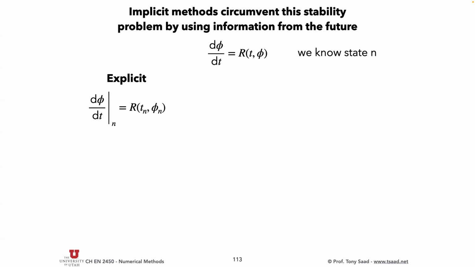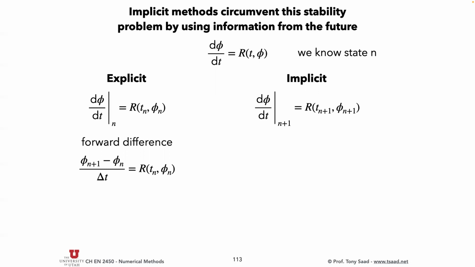With explicit methods, we evaluated the derivative at n and used the forward difference for the derivative, and then we obtained phi n plus 1 minus phi n over delta t equal r at n. With implicit methods, instead, you evaluate the derivative at n plus 1.